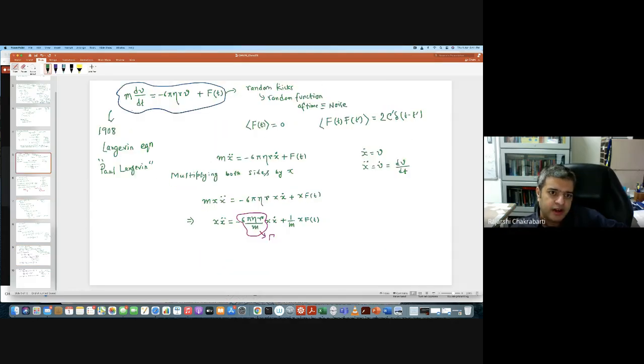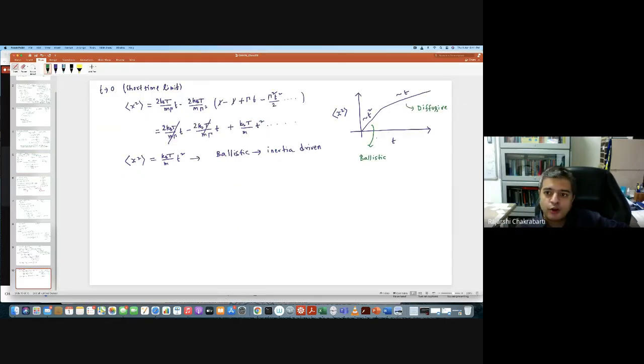If we had started by dropping this at the very beginning, with no inertia, I have only minus 6 pi eta R v equals noise. That is called the overdamped Langevin equation. Had I started with the overdamped Langevin equation, I would have got only this diffusive region, not the ballistic.